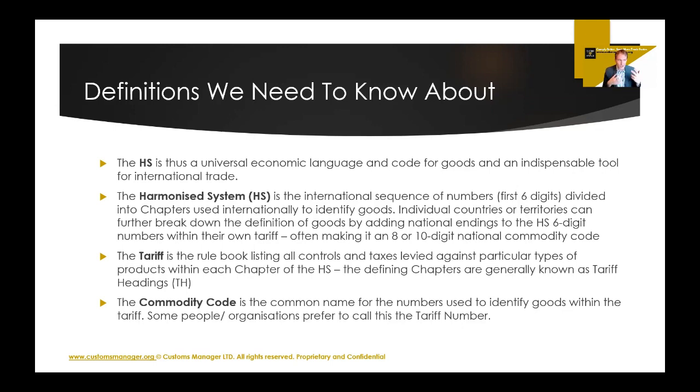So when we talk about the HS code, it is the numerical translation of a product. We've designed this at international level, so it applies in over 200 countries around the world, from Argentina to China, from Canada to New Zealand.